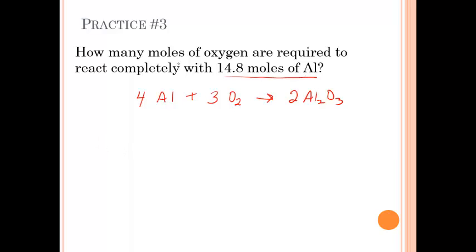And we want to convert it to moles of oxygen. It doesn't matter if they're both on the reactant side. It doesn't matter if one's on the reactants and one's on the products. You can still make mole to mole ratios as long as it's a balanced chemical equation. So we want to convert our moles of aluminum to the moles of oxygen, and make sure that your answer has 3 significant digits in it, and I will be checking that the next time I see you in class. If you have any questions, by all means, let me know.